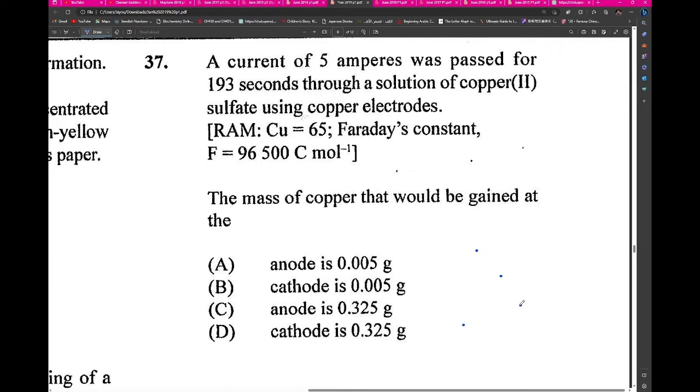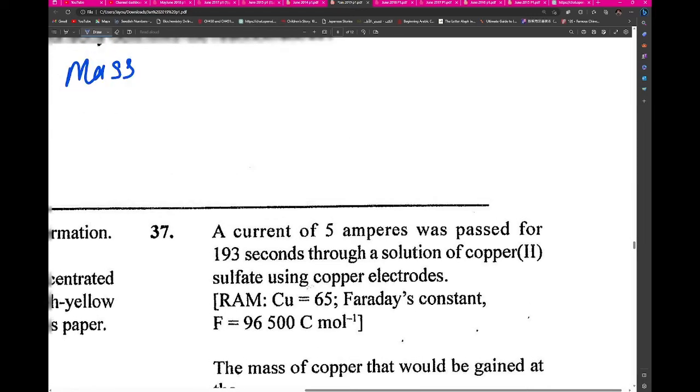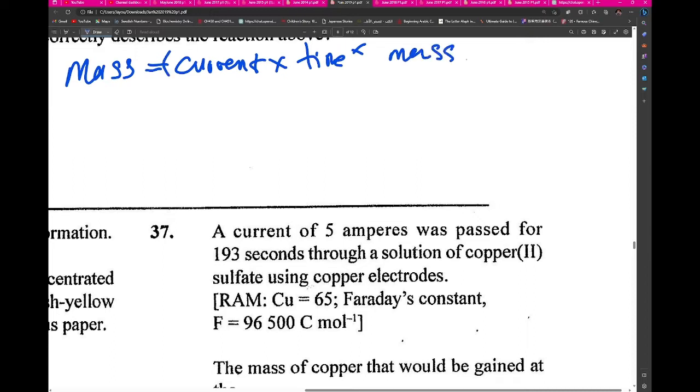But in order to calculate the mass overall, the mass is going to be equal to the current times the time, times the mass, over Faraday's constant.